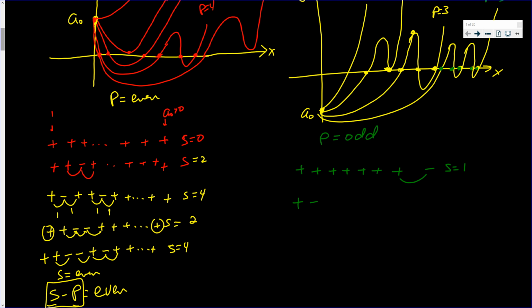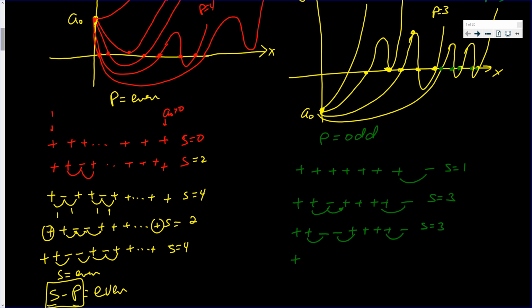If you have in the middle one more negative, then you're going to have one sign change, a second sign change, and then a third. If you put in the middle 2 together, you're going to have 1, 2, 3 sign changes.